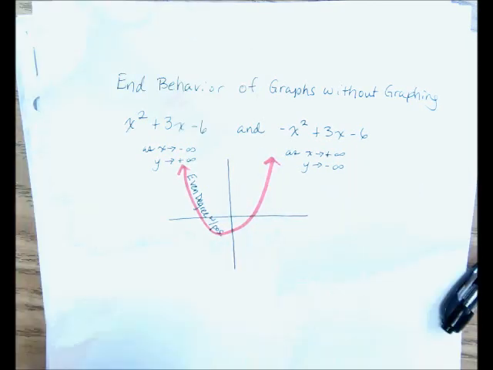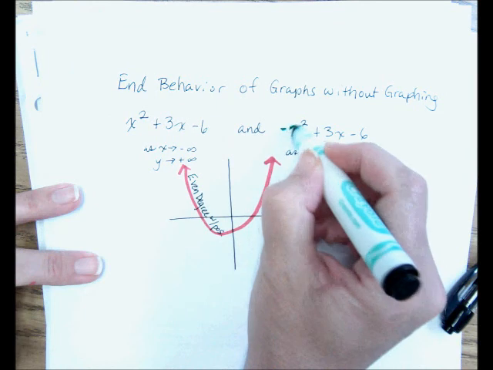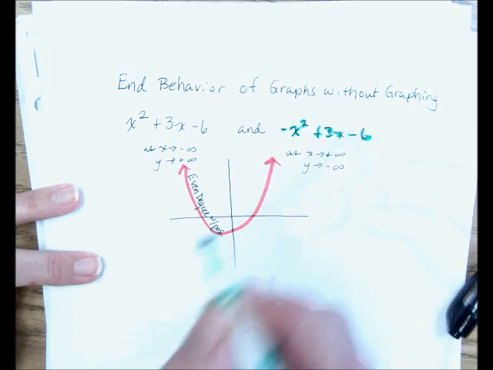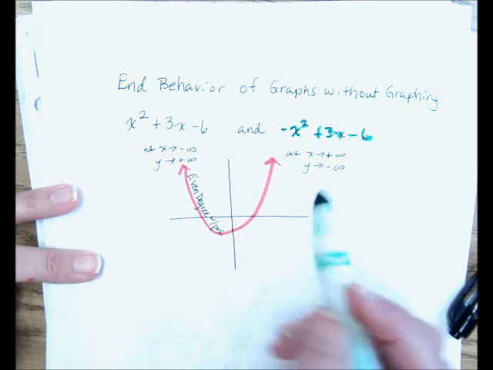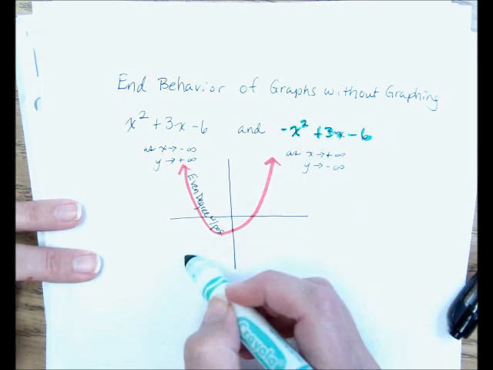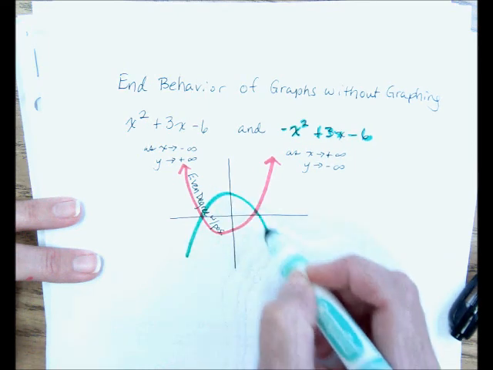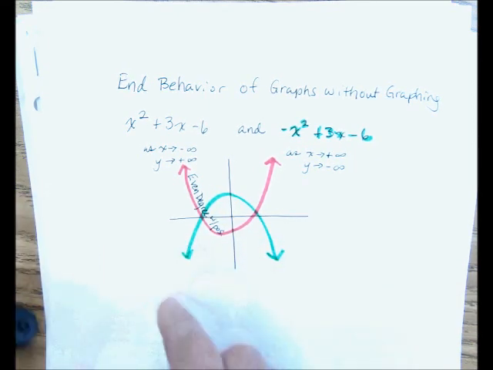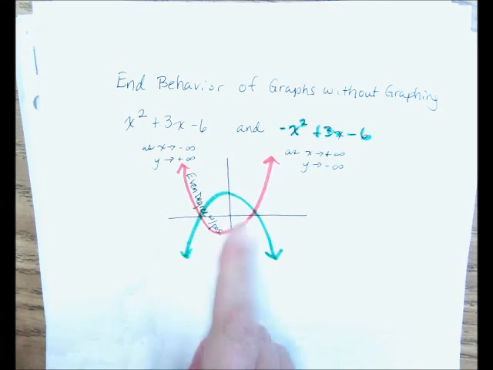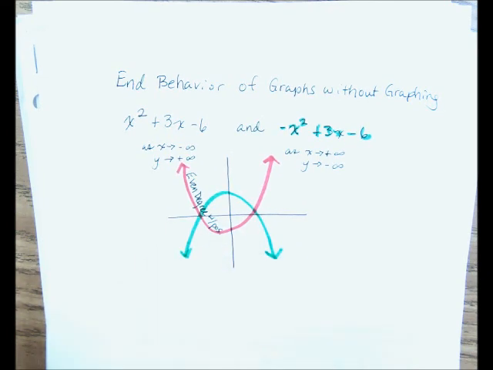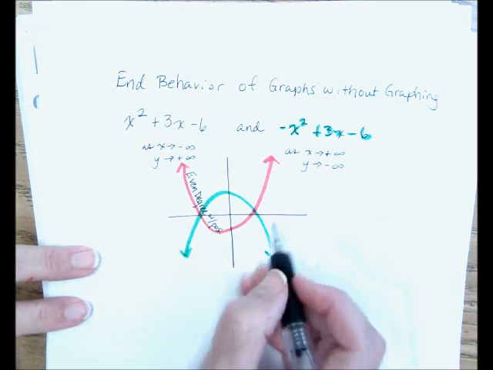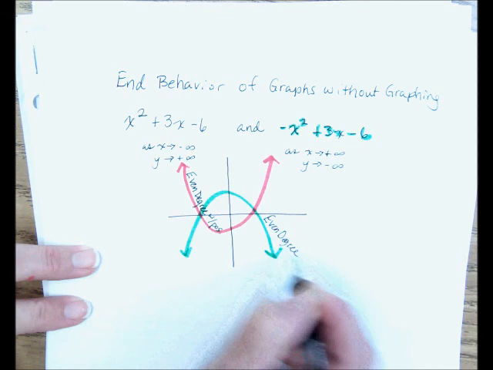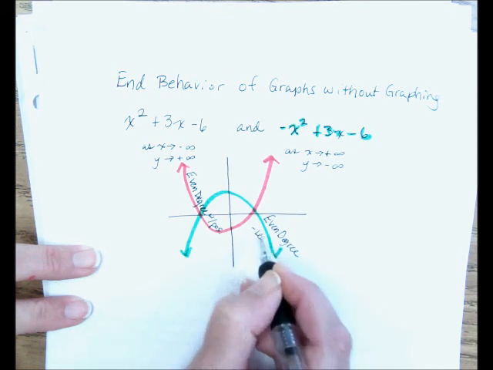Now if I have this over here where it's negative x squared plus 3x minus 6, then you can see that it's going to end up looking like this. Whereas they're both pointing down, but they're both pointing in the same direction. So this is when I have an even degree and a negative leading coefficient.